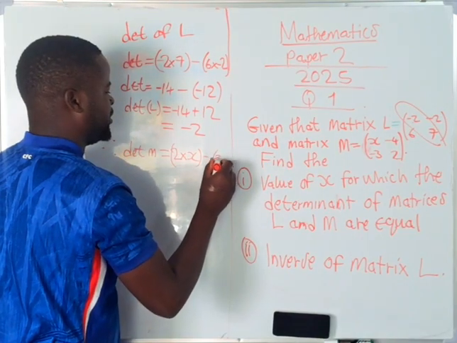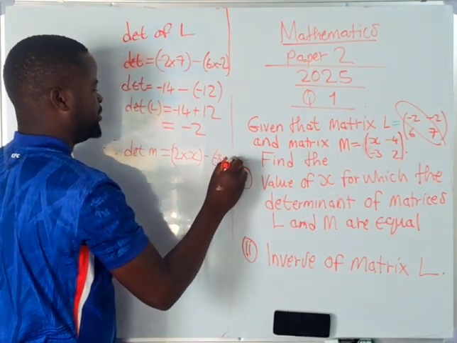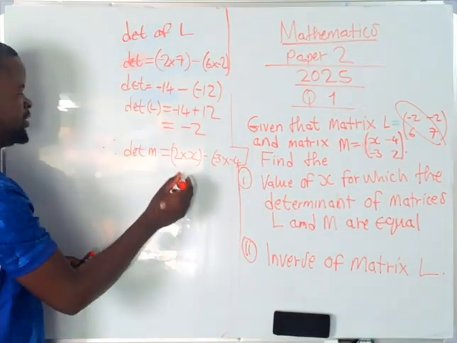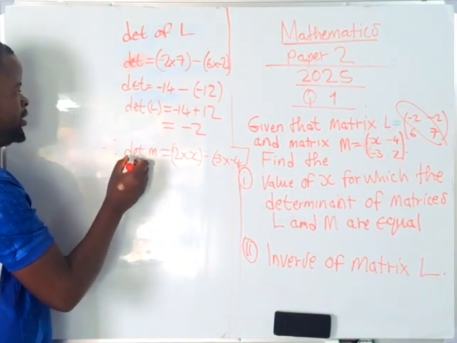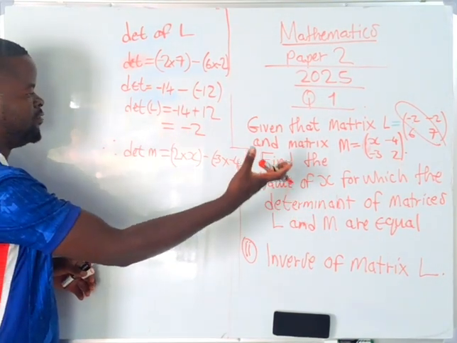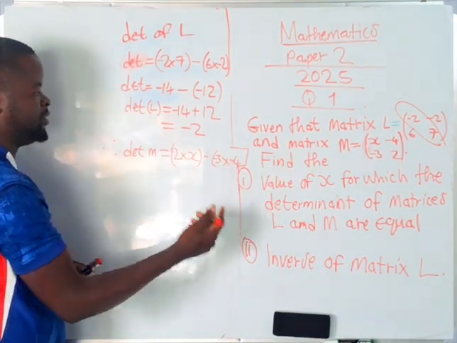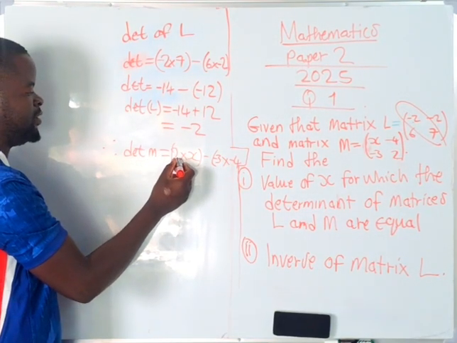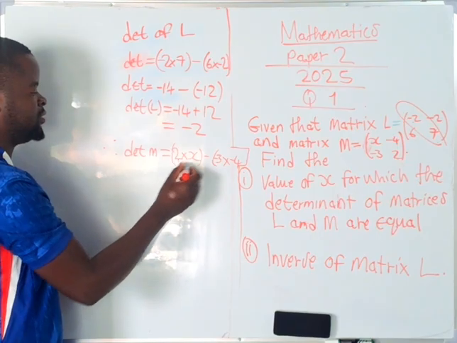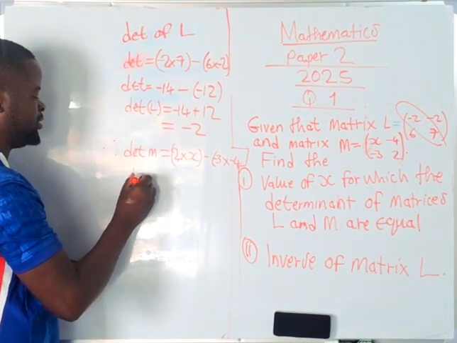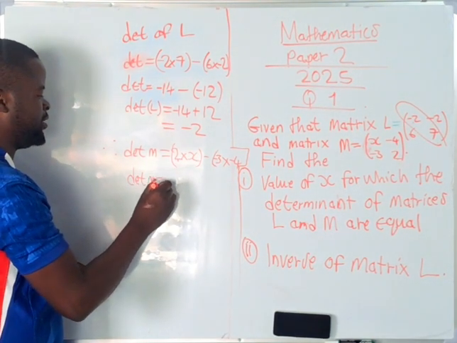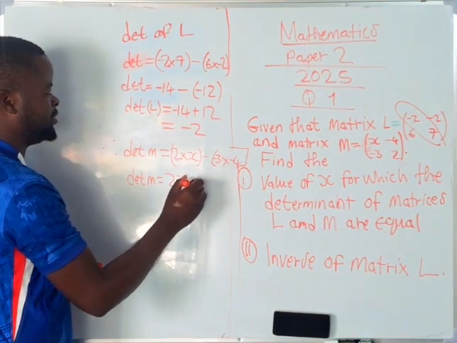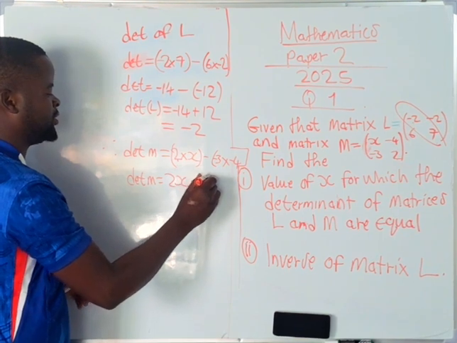Since the determinant of matrix L is equal to the determinant of matrix M, before we equate them we first find the products. 2 times x gives 2x, and -3 times -4 is going to be +12, so this will be minus 12.